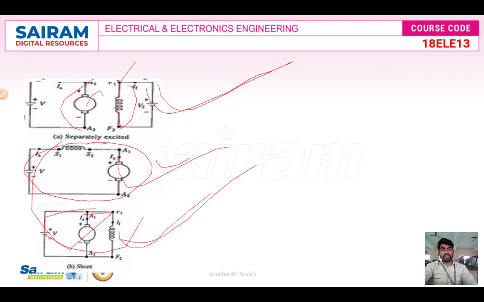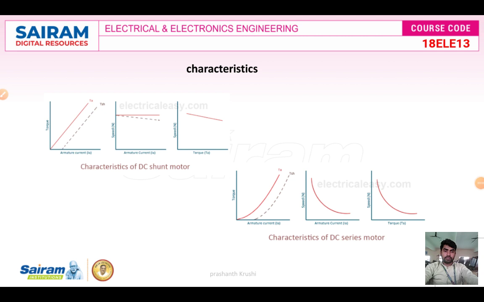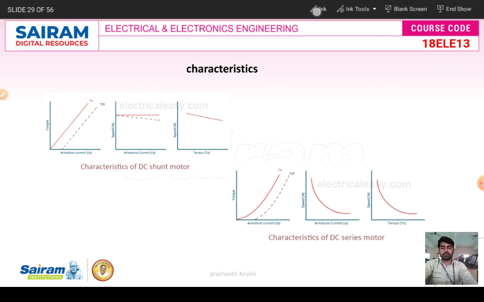Next we will see the characteristics of the DC shunt motor and DC series motor. For the shunt motor: torque versus armature current, speed versus armature current, and speed versus torque. What about the torque equation of a DC motor?